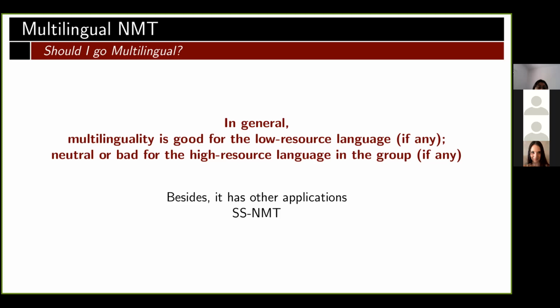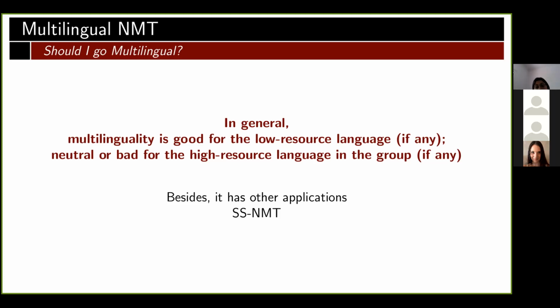So should I use it? Use it depending on the problem you want to deal with. It's not always good, but it might be something good in the high resource setting. It's almost always good for the low resource language, even in cases where the languages might be different from your high resource content. This is one of the motivations to use multilingual architectures, that they are useful in the low resource setting.